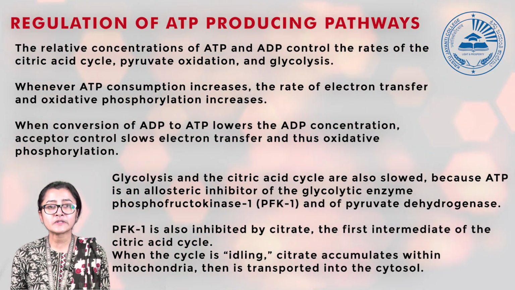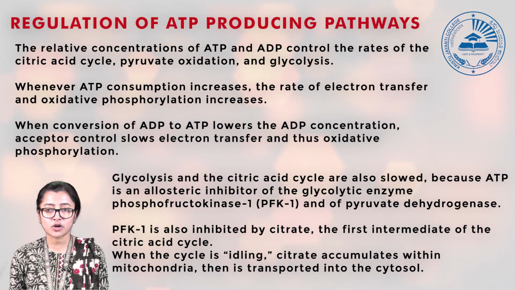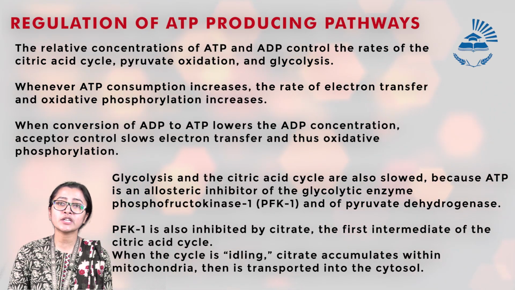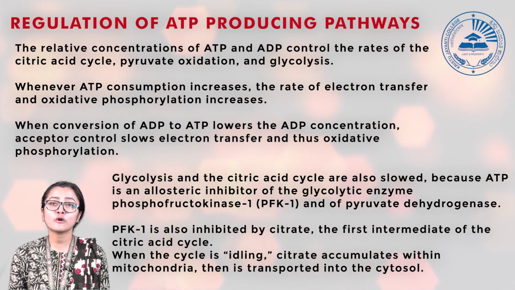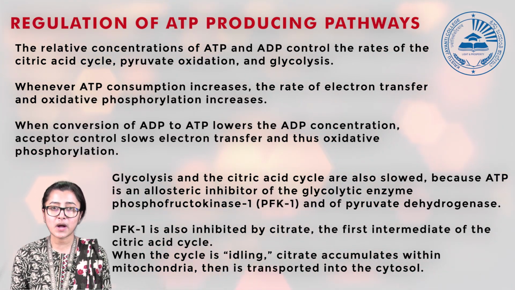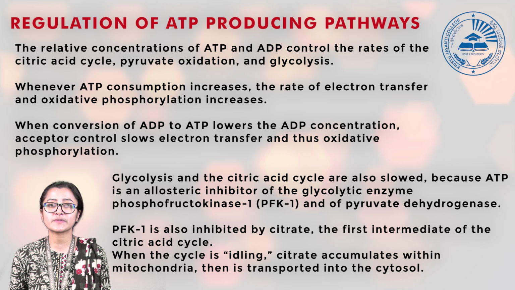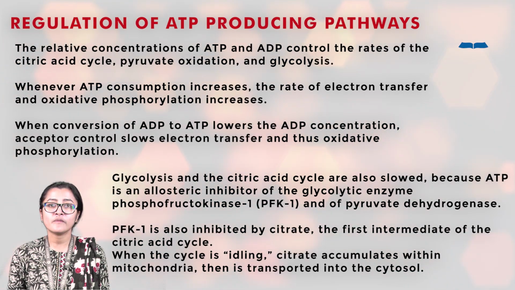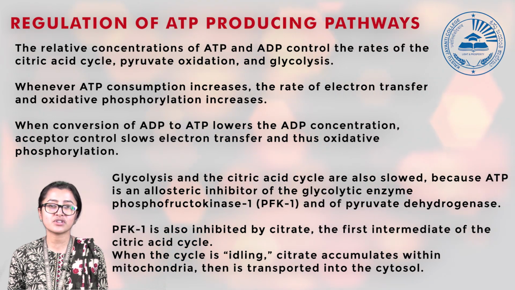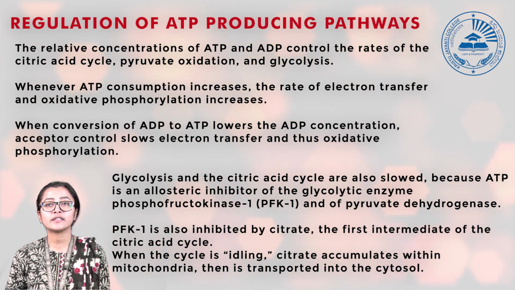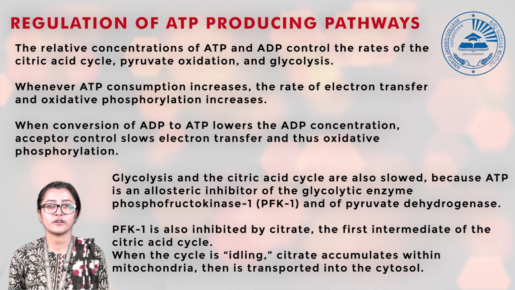When the cycle is idling, citrate keeps accumulating inside the mitochondria, which is then transported to the cytosol, after which citrate and ATP together block PFK1 and ultimately stop glycolysis. Thereby, when glycolysis stops, the citric acid cycle also stops, ultimately stopping oxidative phosphorylation.